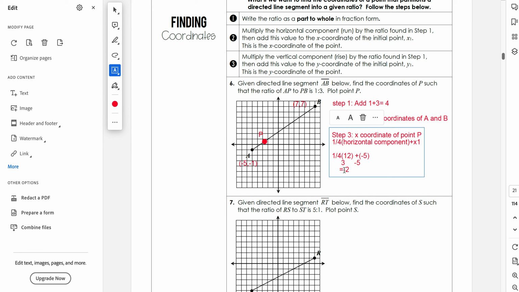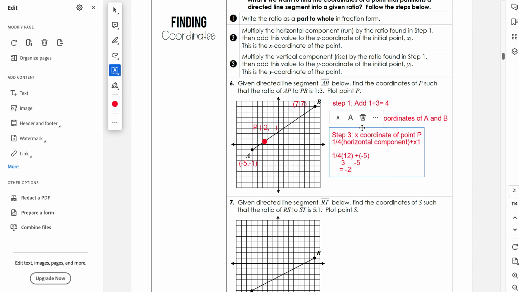So now we know that the x-coordinate of P is -2. So let's just leave a space to put in the y.